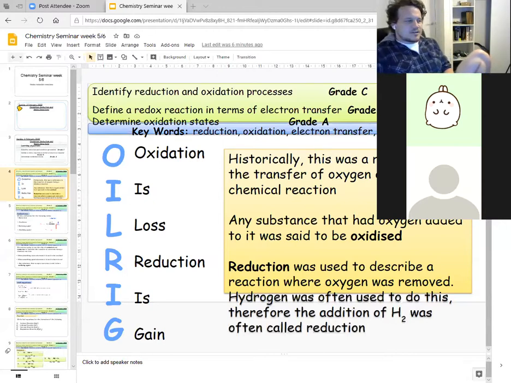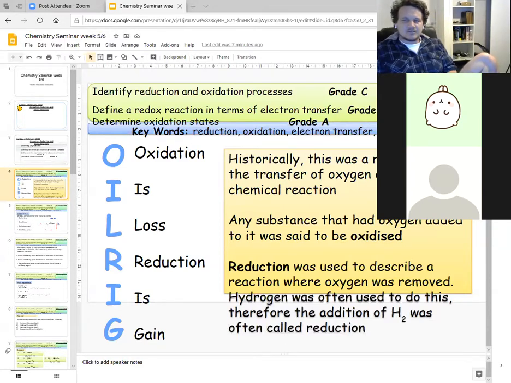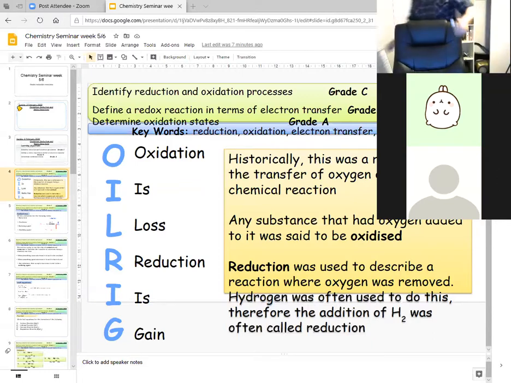So oxidation is loss, reduction is gain. It doesn't make any sense, because how can something be gaining electrons when it's called reduced, or reduction, or when it is reduced? And I'm going to go straight to the whiteboard because it's easier than trying to explain it with words.